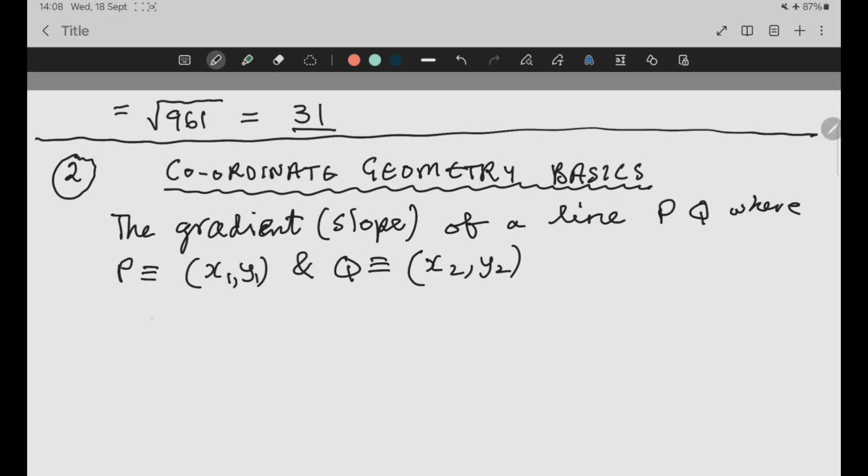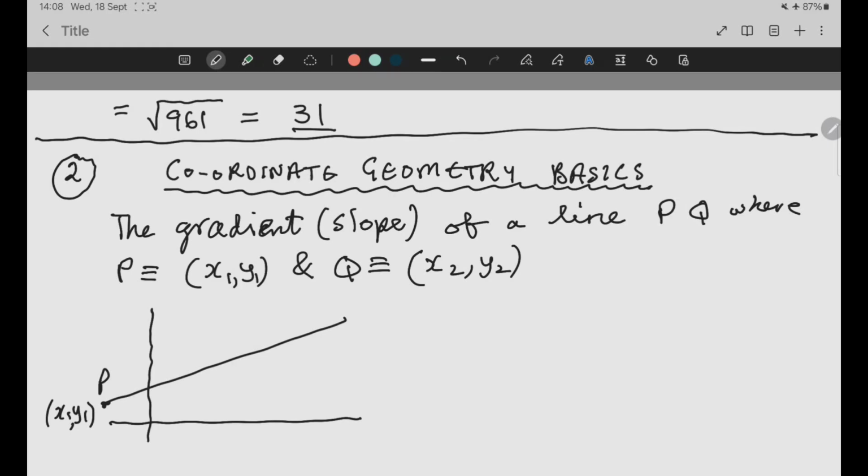Okay, so again we'll draw a little diagram here. So let's say that's P with x1, y1 and Q coordinates x2, y2. Okay, and as before, we'll complete the triangle here.